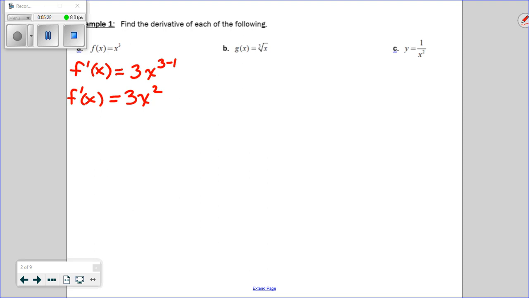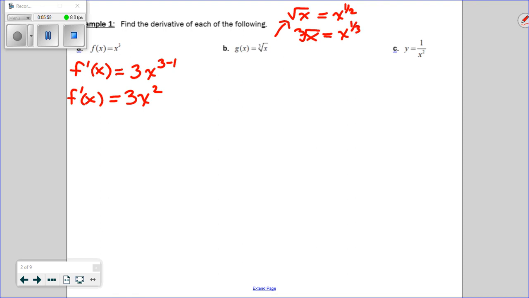Okay, now, if you were ever dealing with radicals, like here we have the cubed root of x, you always want to convert radicals to fractional exponents. So let me remind you how that works. If you have the square root of x, that can be written as x to the 1/2 power. And if you have the cubed root of x, like in this case, that can be written as x to the 1/3 power.